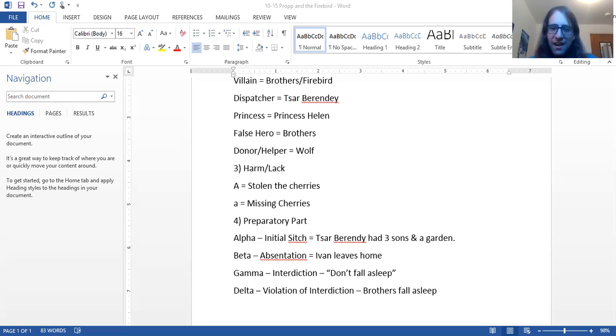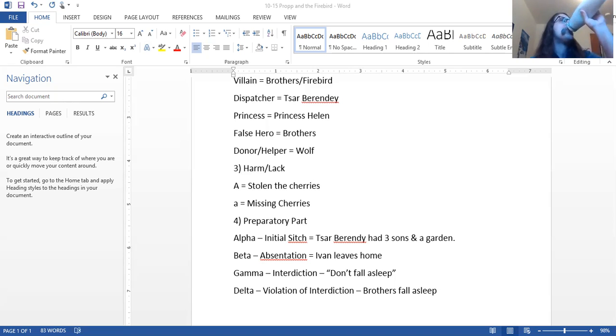But I think you can actually have it in other parts of the story. That's what's weird to me about Propp isolating some of these ideas and saying they're part of the preparatory part, because I think there are a lot of situations where you need a commandment later on in the story, and that is, of course, going to be violated, because they always are. So I think you could have some gamma and delta going on later on, but we will hold off on that for now.